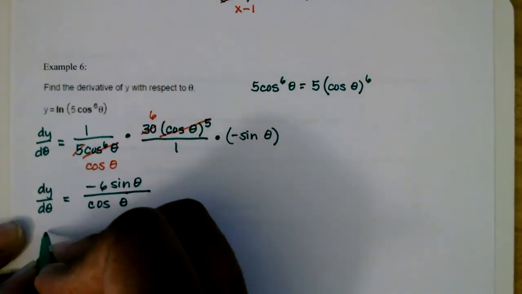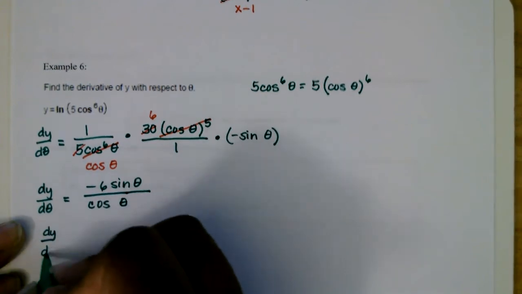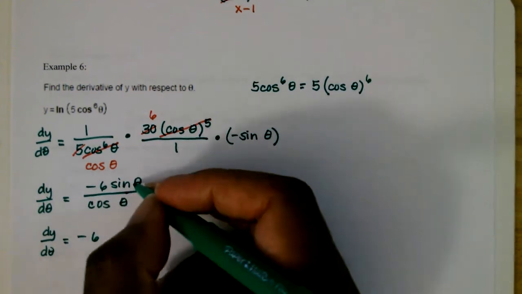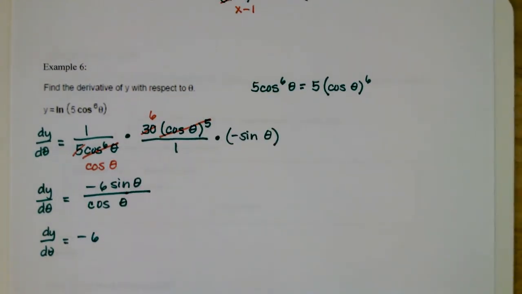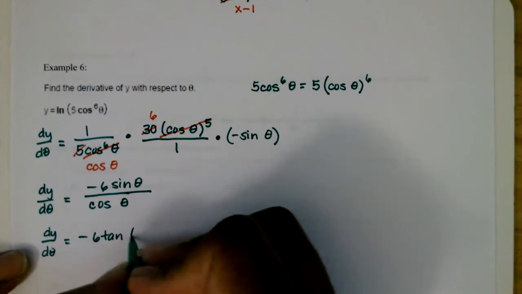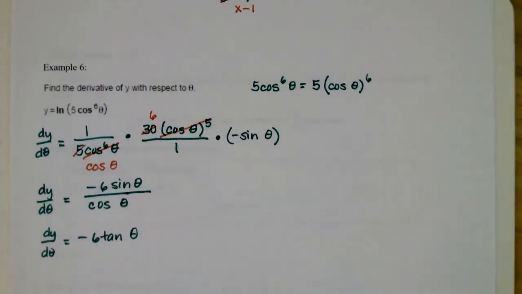So now dy d theta is going to be -6 sine theta over the cosine of theta. That's one of those reciprocal identities. Anytime you have the sine over the cosine, that's equivalent to the tangent of theta. So dy d theta would be -6 times the tangent of theta.